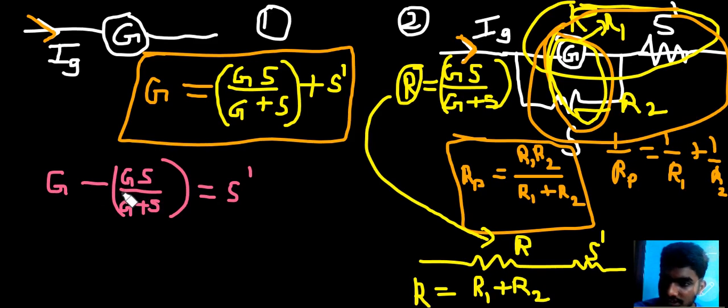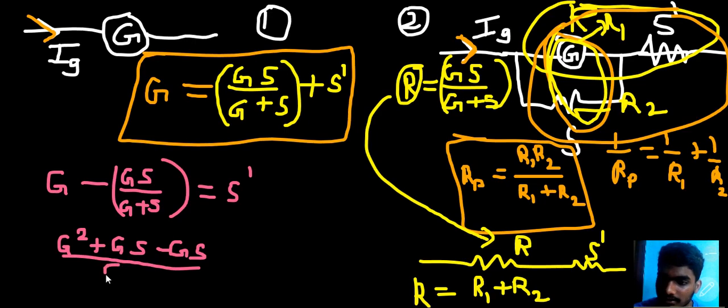By the cross multiplication method, G square plus G S minus G S, whole divided by G plus S, is equal to the shunt resistance S dash.